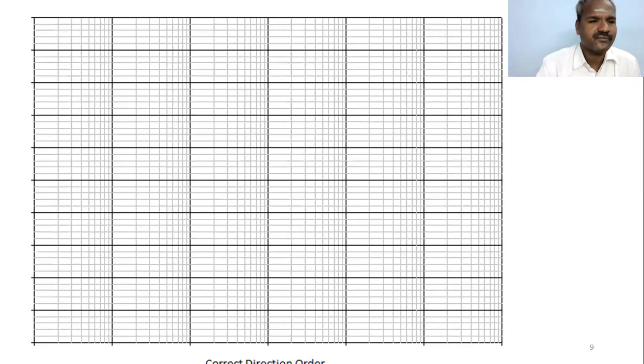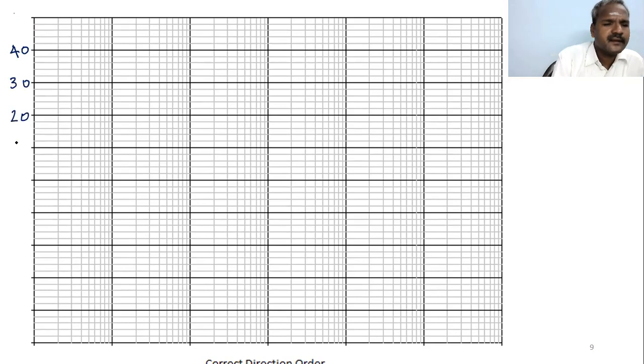So let us move to the graph. What is the range of values? The first one is 40 dB, then 12 dB. So we can start here: 40 dB, then 30 dB, 20 dB, 10 dB, 0 dB, minus 10, minus 20, minus 30, minus 40, minus 50.